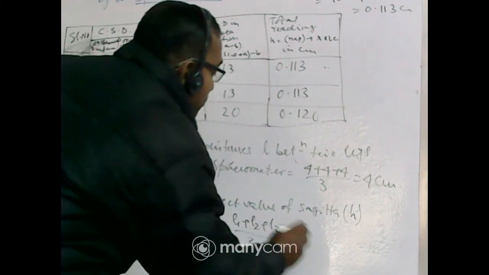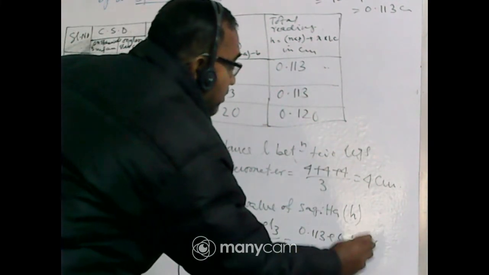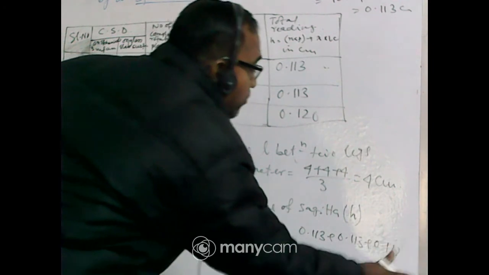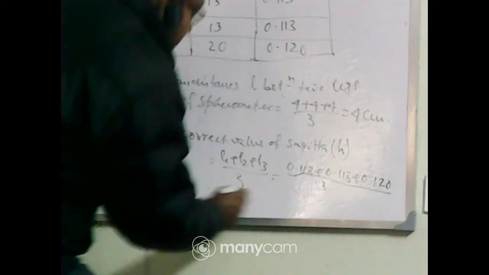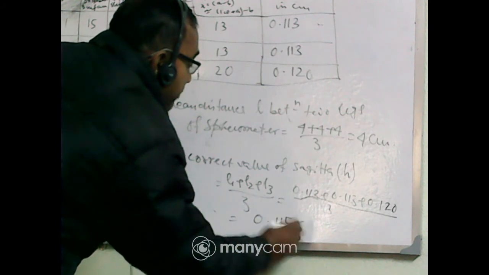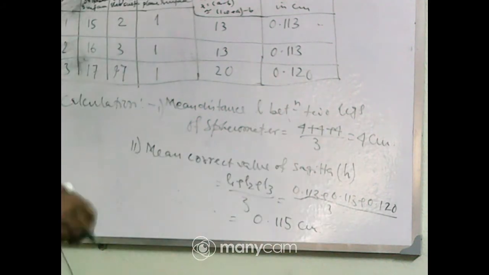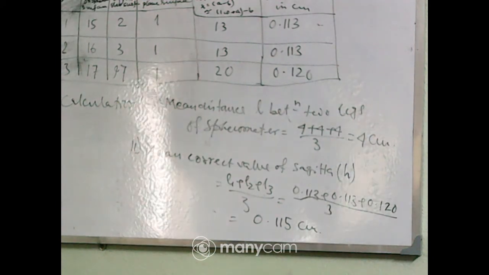That is equal to 0.113 plus 0.113 plus 0.120 by 3. That value will be 0.115 centimeter. Okay, clear? Any doubt from your side?